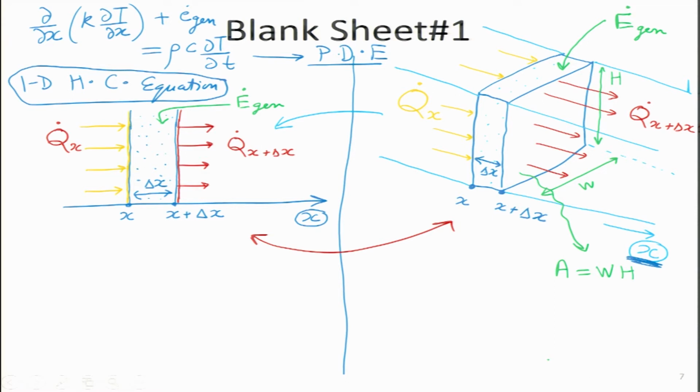I think one parameter is remaining, that for this differential element itself, the volume of this particular differential element I can represent as delta V, and is going to be equal to delta x, which is its thickness, multiplied by the area A.